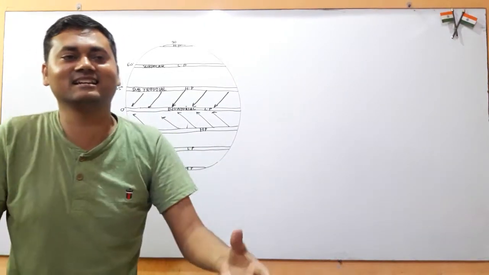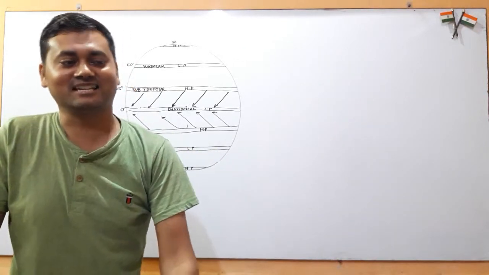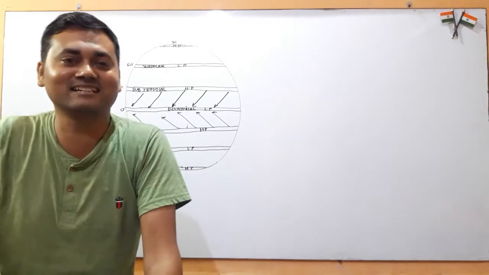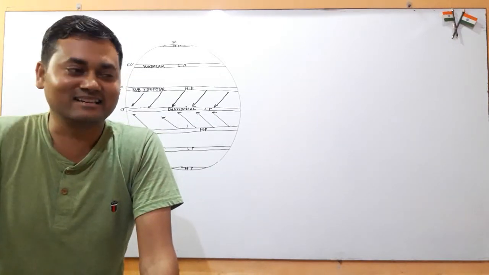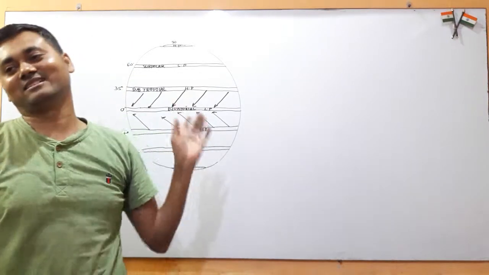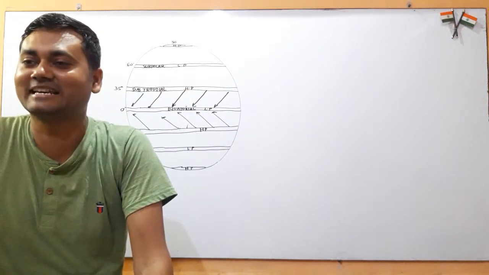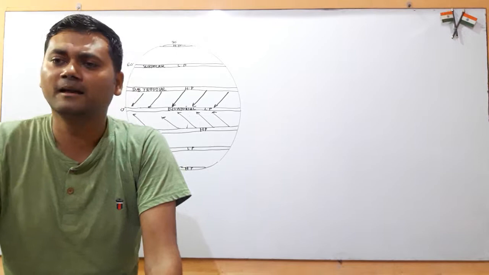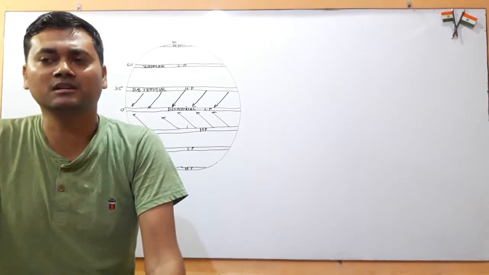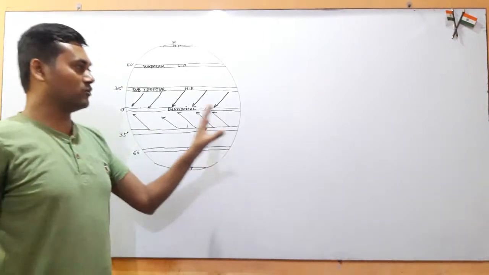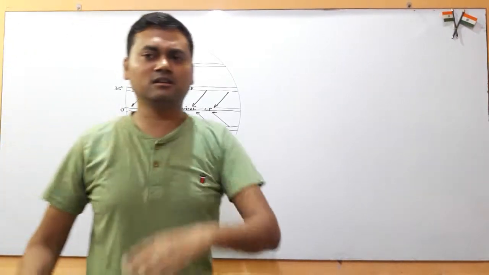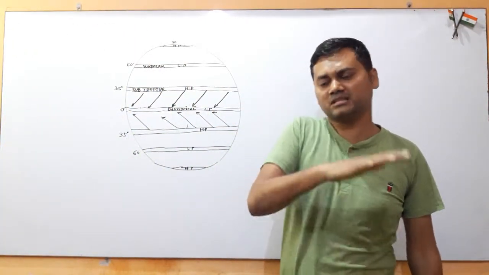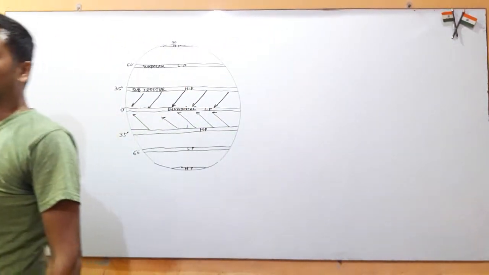Like a train: if the train is running, it is a train, and if the train is standing, it is also a train. But in geography, that is not the case with wind and air. Air is not the blowing form, and the wind is the blowing form of the air. Most of the time this blowing happens in the transverse direction, or you can say in the horizontal way.